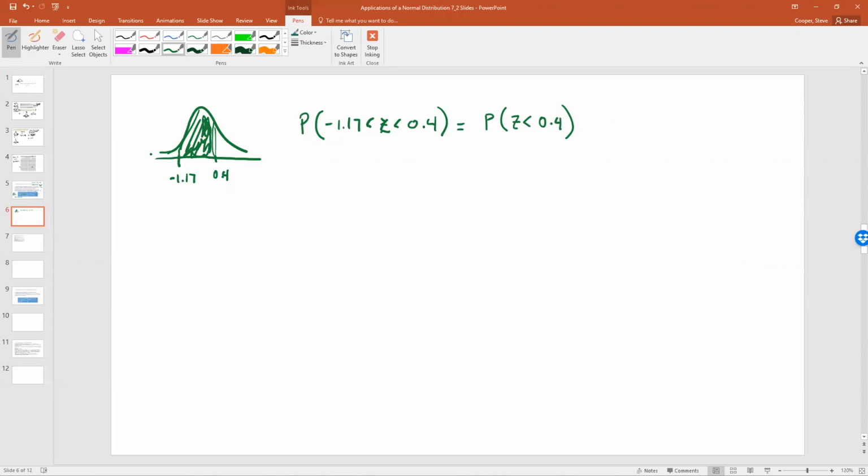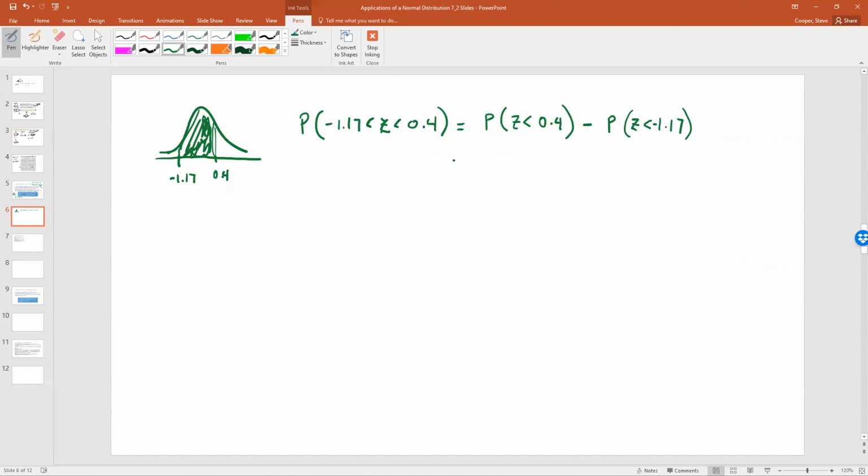But if I subtract off, or chop off, the initial part where I want to start my reading, everything to the left of negative 1.17, then I've got exactly the area between negative 1.17 and 0.4, because subtraction here chops off the area to the left of where I don't want to go any further. So that's how we translate betweens: start with the upper bound, calculate its entire area, and subtract from it the area of the lower bound.